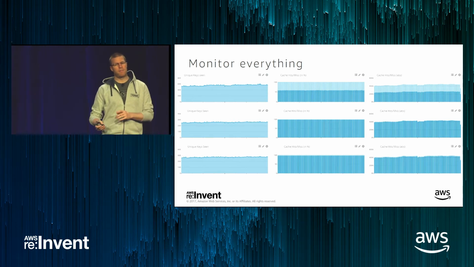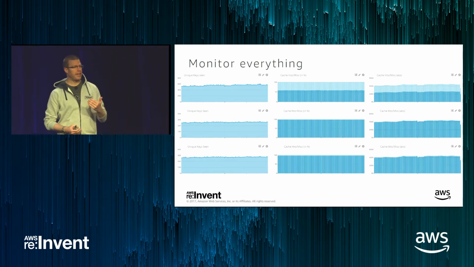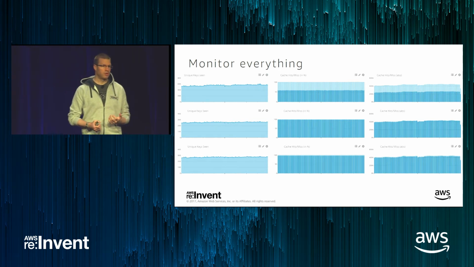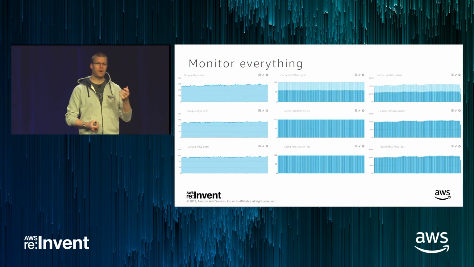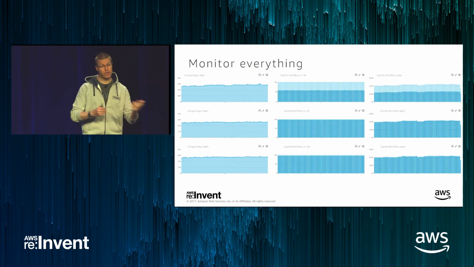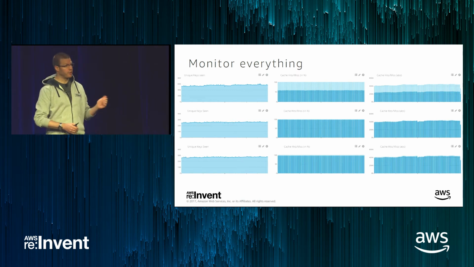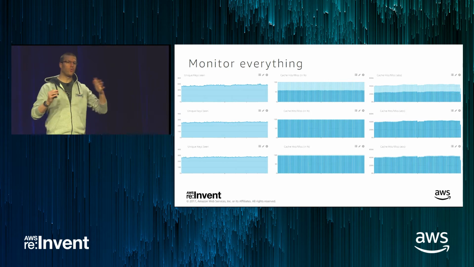And then we have another metric, which is also telling us something about hits and misses, but in absolute numbers. So for every request we're doing against our cache, we're pushing a metric of whether this one request was a hit or a miss. This gives us an idea, compared to the percentage, whether we are increasing or decreasing the overall volume of requests we're doing against our caches.